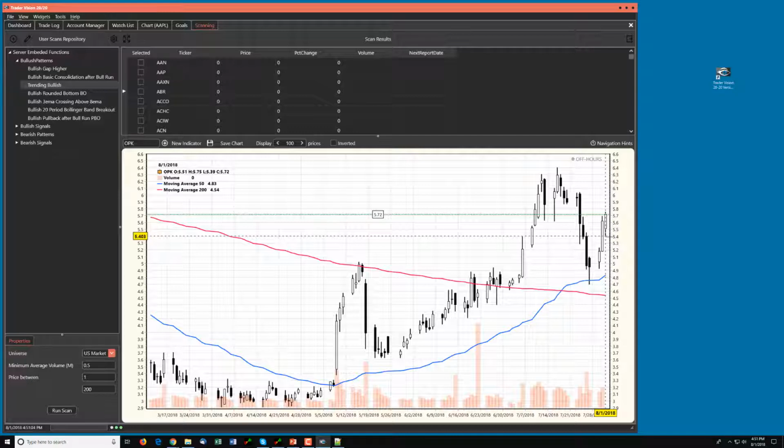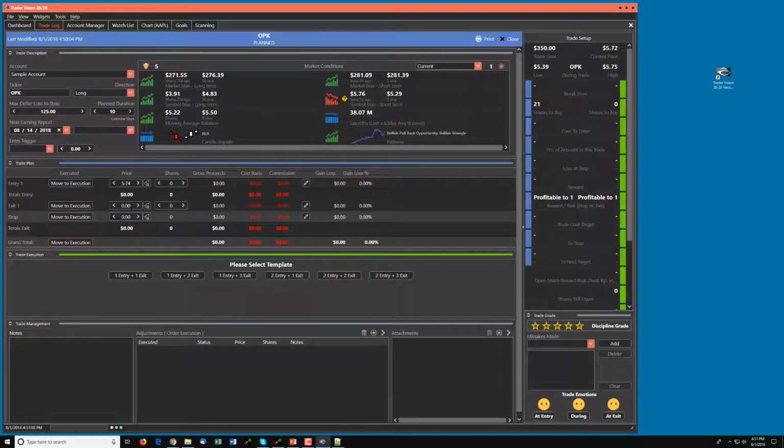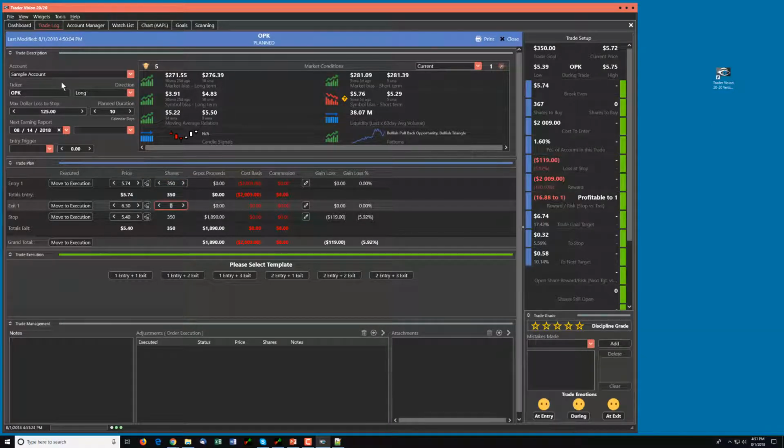This is probably not going to work for me, but we'll see. About 540, so let's say that we've got a 630 target and a 540 stop. For this particular account base that I've set up, and I can't remember if it's 100,000 or what it is, to keep it at $125 of risk to stop out, it says we can do 367 shares.